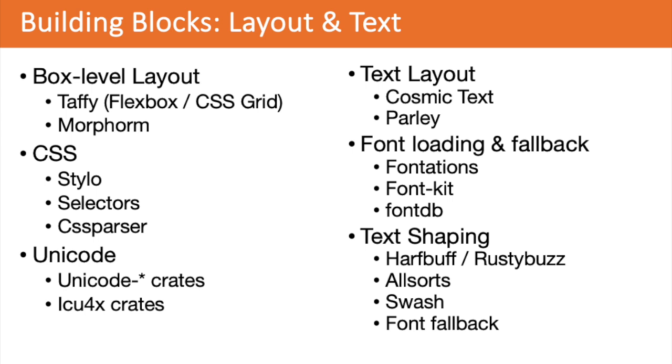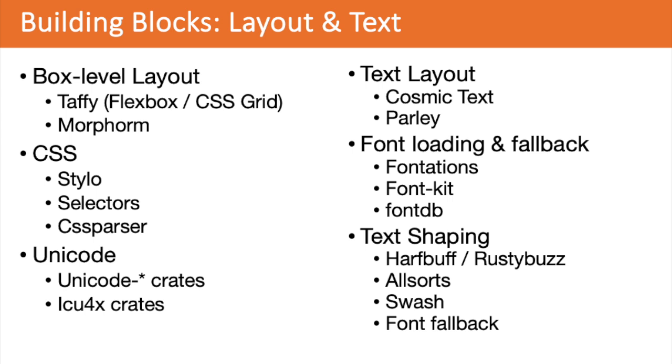I think not many other language ecosystems have all this tooling to resolve CSS selectors, etc. And some of the Rust UI crates make use of that to either do CSS itself or something CSS-like that uses the CSS syntax without necessarily the semantics of what the properties mean in web CSS. And then the other ones I call out here are the text layout libraries, Cosmic Text and Parley.